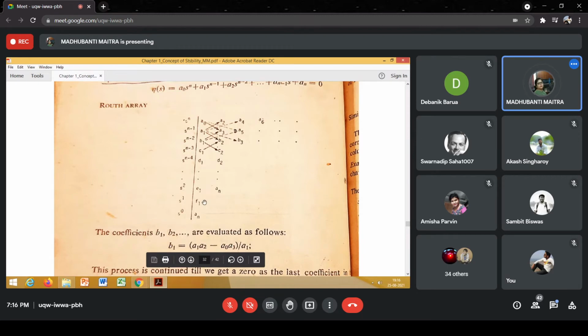The terms contained in the first column of Routh's array are A0, A1, B1, C1, D1, dot dot dot, E1, F1, an in this particular sequence. This is the first term of the first column, this is the second term, third term, and this is the last term of the first column of Routh's array.